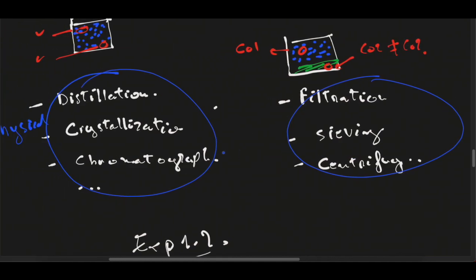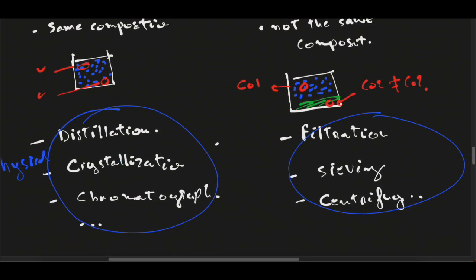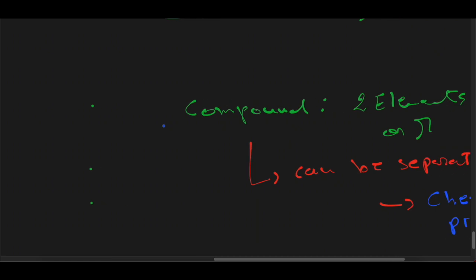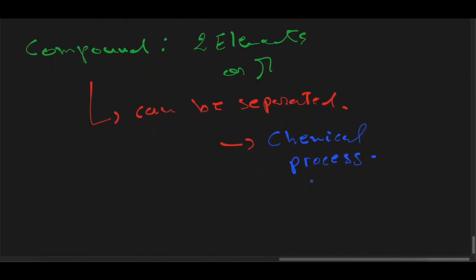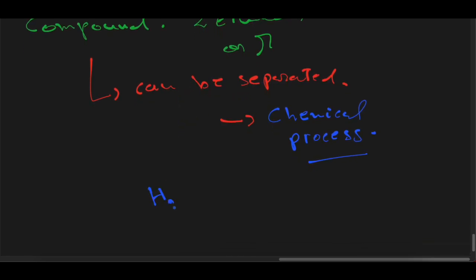So we use physical means to separate the pure substances found in a mixture. But with compounds, we use chemical processes to separate the compound into its elements. For example, we have water. It can be separated into oxygen plus 2 hydrogen, 2 elements, 1 element of oxygen, 2 elements of hydrogen, using chemical processes.